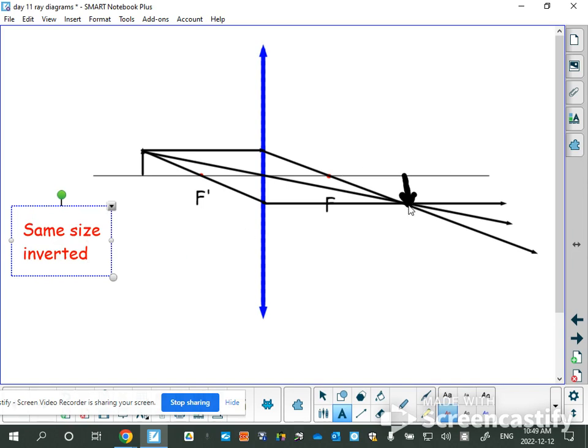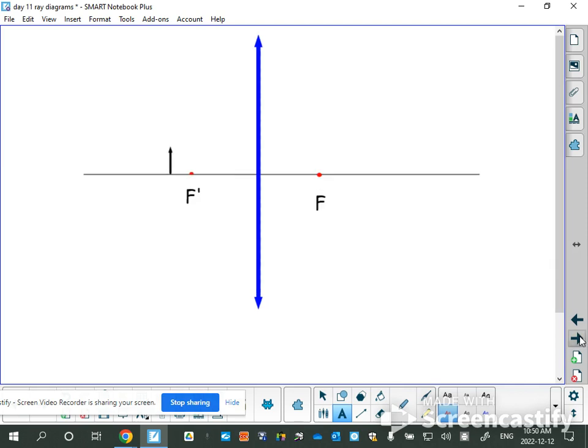Remember that these meet at the top of the image, and if that's below the principal axis, I will draw the arrow down to that point. Definitely same distance. And I would also say that that is real because inverted images are always real. And that is where I would have moved my screen back and forth until my image appeared on that screen as focused.